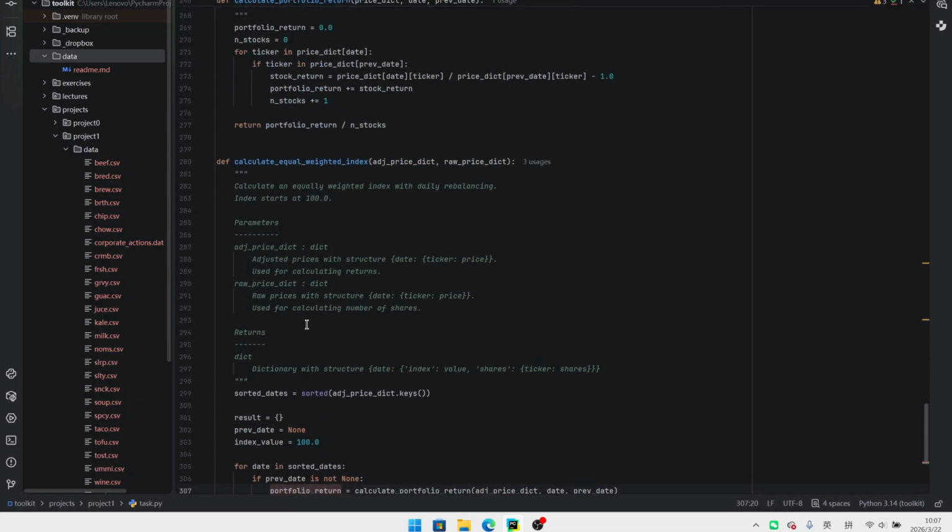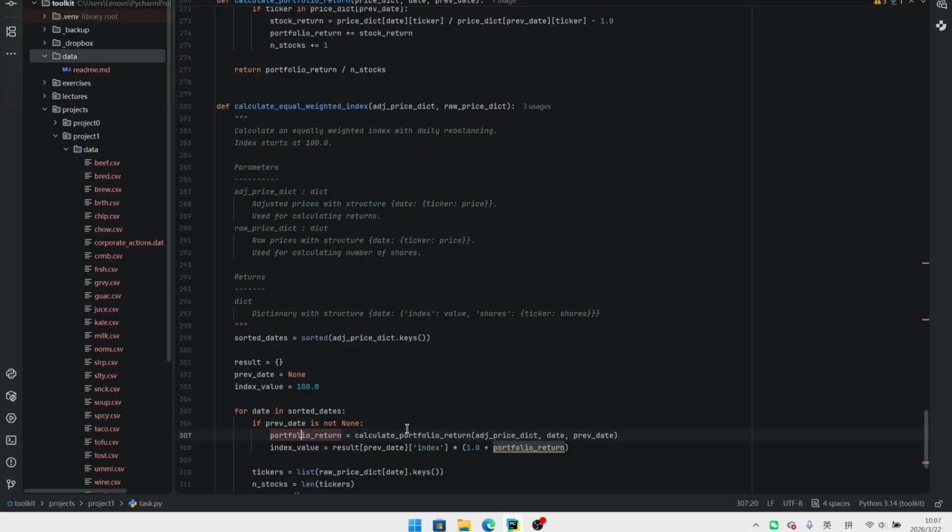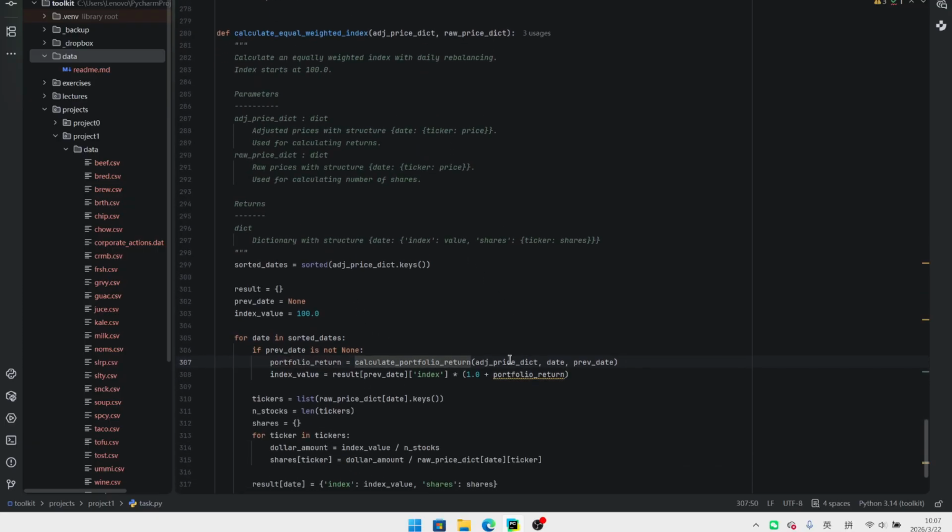Portfolio return is a calculate function from the former one, adjusted price dictionary. We use these three, and we can find that the index value is the results. Previous date index.